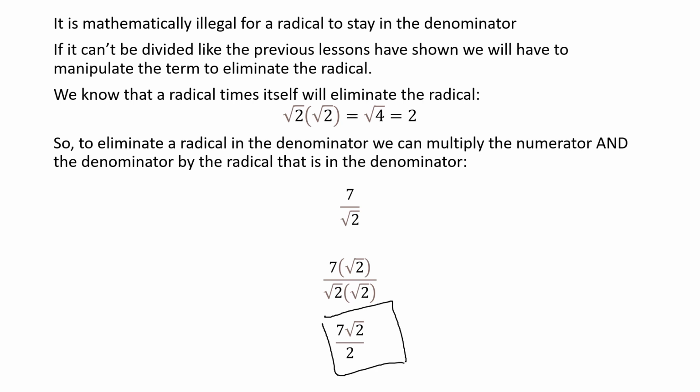So in order to not have a radical in the denominator, I'm going to manipulate the equation to eliminate the radical. Really, the best way to understand this is to just do a couple of these.